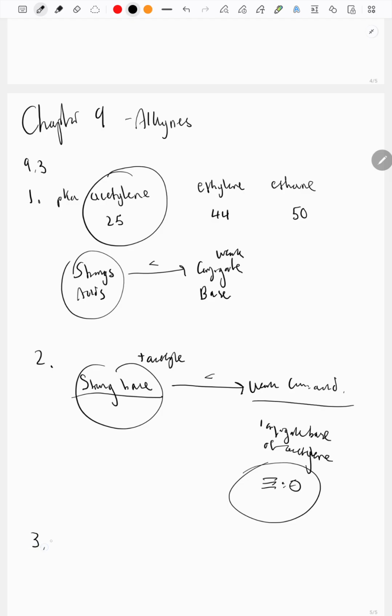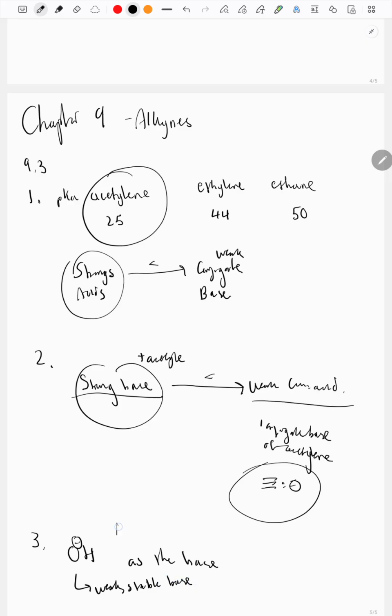Point number 3 is, what if we used hydroxide as the base in a typical alkylation reaction? Well, if you use OH, this is not a good option, because hydroxide ion is considered a weak, stable base.